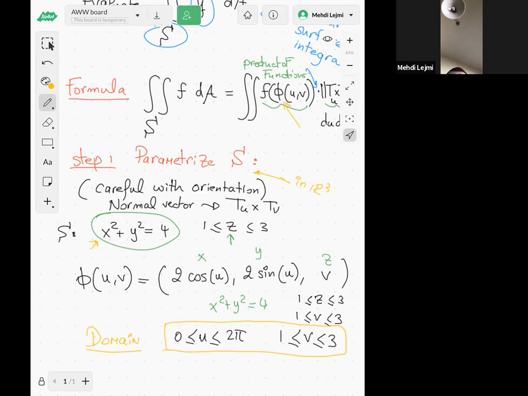There's no restriction on z except that it is between 1 and 3. But that's the domain, it's not an equation satisfied by z. So z is just an independent variable between 1 and 3.